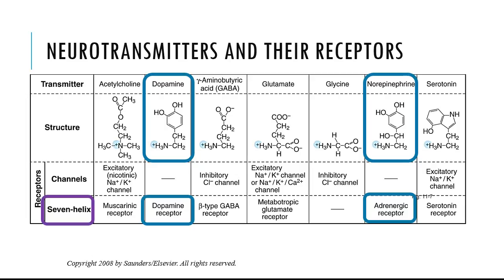Norepinephrine and epinephrine binding to an adrenergic receptor causes some smooth muscle to relax in parts of the body, but do what in other parts? Contract. Because we're using a G protein, which gives us some variability in responses.